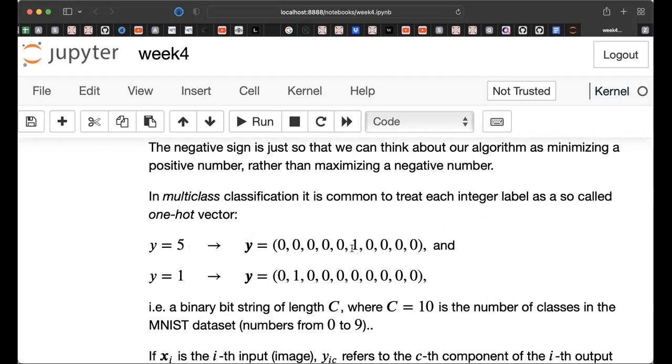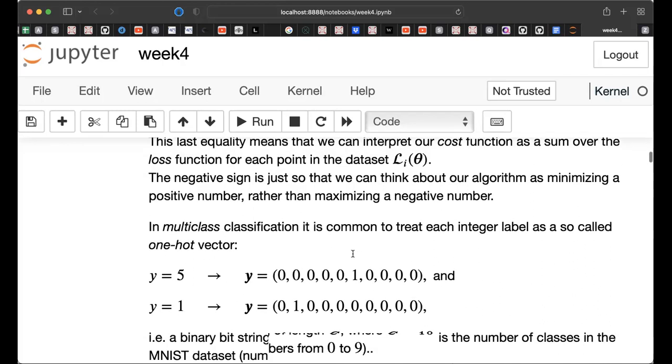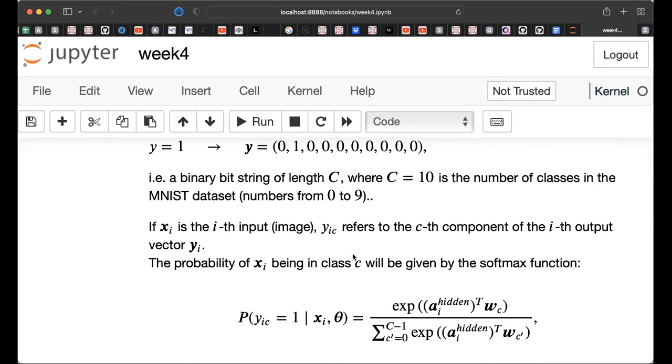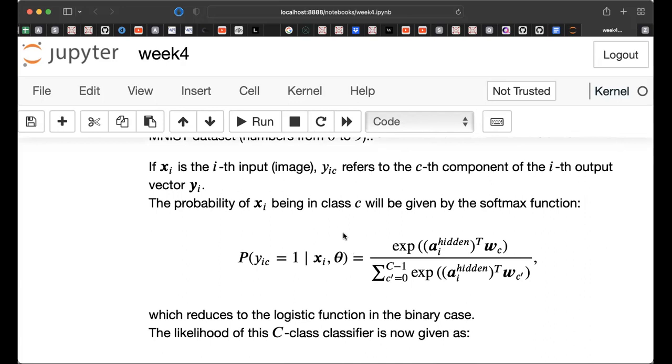If you translate this one into a decimal number, that will simply correspond to the number 5. So that is one way by which you could represent the numbers. If you have a binary class, life is very easy, because then you will just have ones and zeros. That simplifies life. So if you're dealing with a probability of this x being in a class C, you will typically end up using the softmax function, which we are coming back to. And we encounter that when we discuss neural networks.